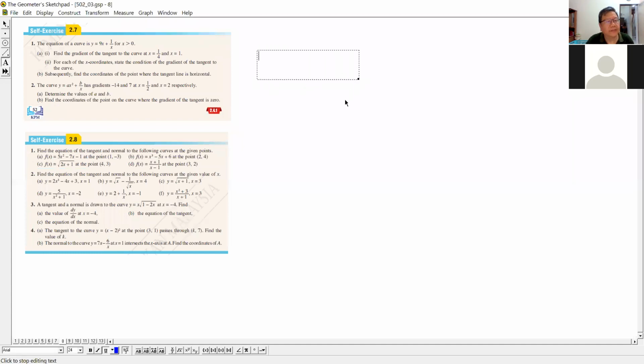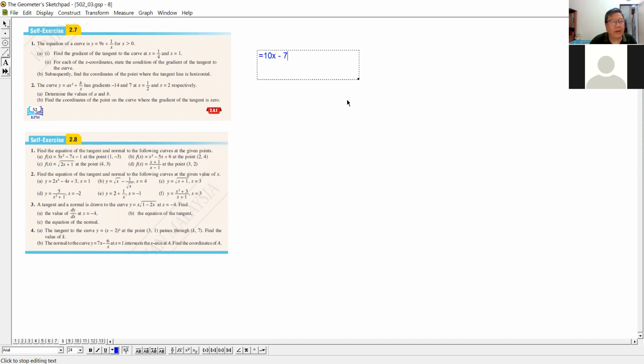Not just differentiate the function. Okay, differentiate. Your dy/dx is 10x minus 7. Teacher, but the answer is not 10x minus 7.